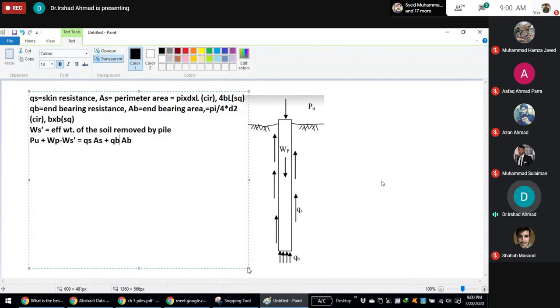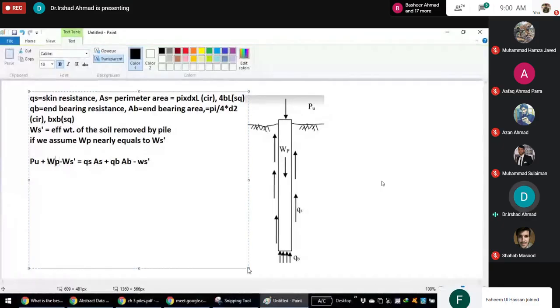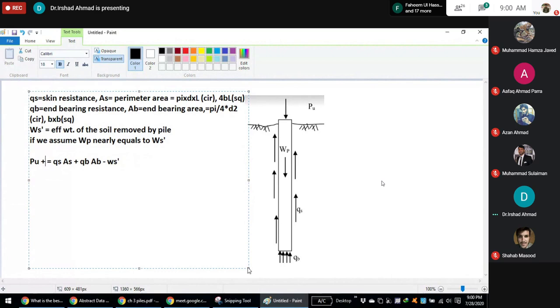So you subtract it on both sides. If we assume WP nearly equals WS prime, then what happens? If we take WP equal to WS, this will cancel. Now this equation comes.